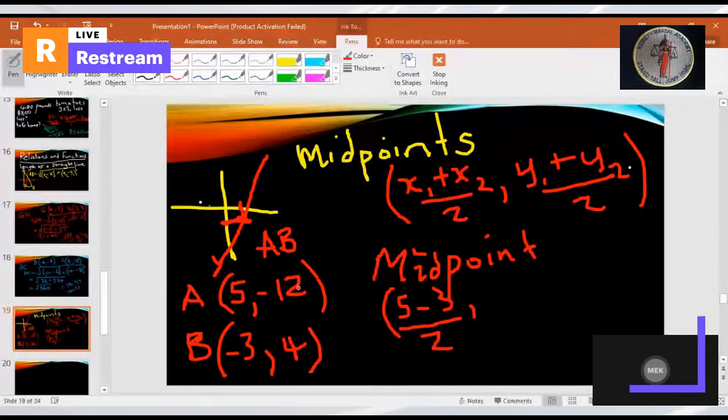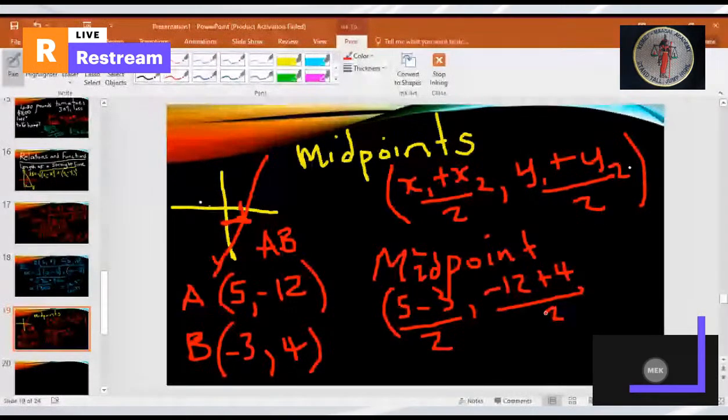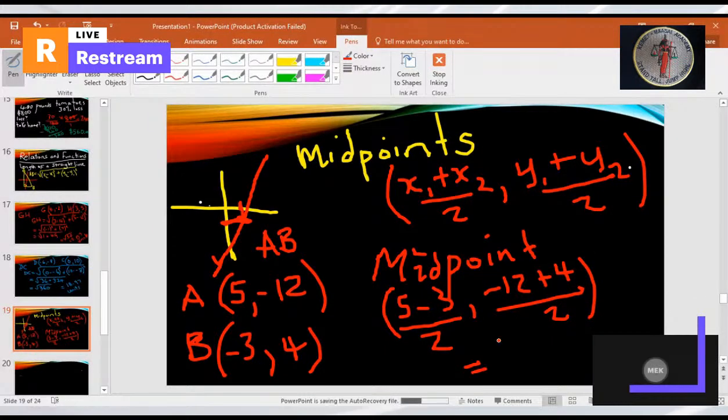And for the y value, -12 plus the y value, which is 4, also divided by 2. 5 minus 3 is 2, and -12 plus 4 is -8, also divided by 2.